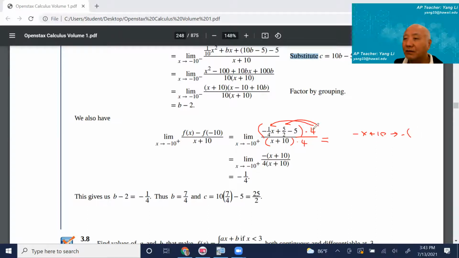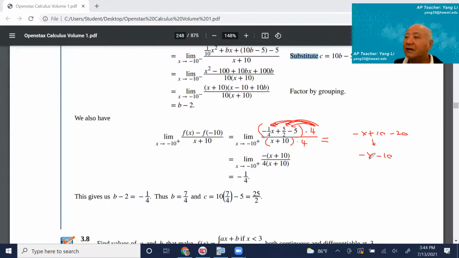Be careful here. Oh, wait a minute, hold on. This one times this one is negative x, this one times this one will be plus 10. And this one times this one will be negative 20. So this part will be equal to negative x minus 10.